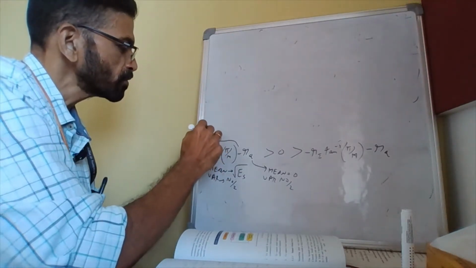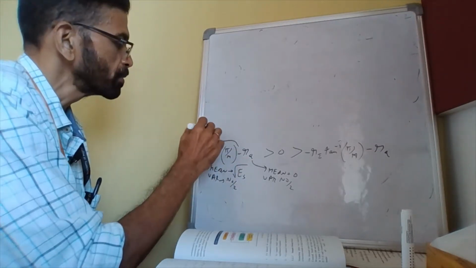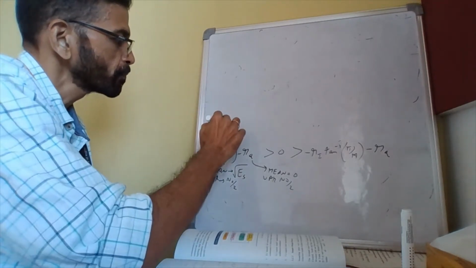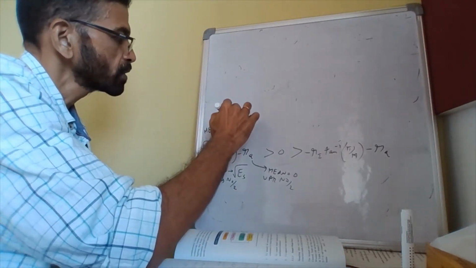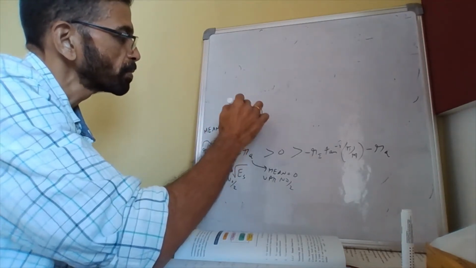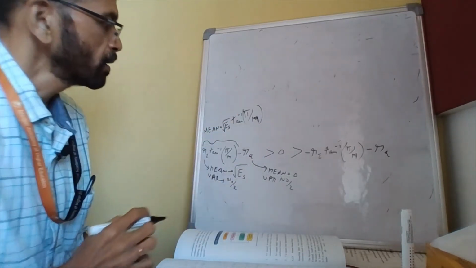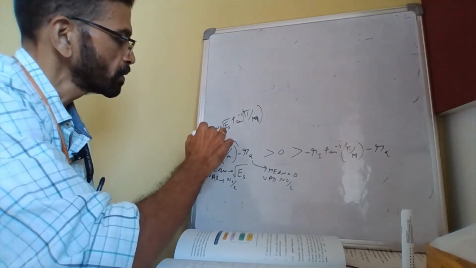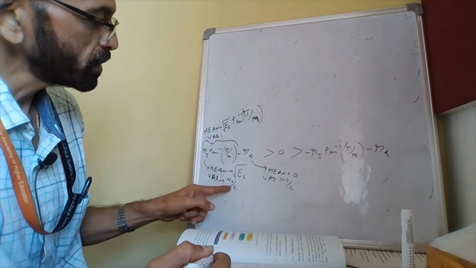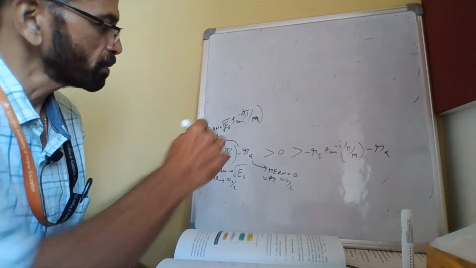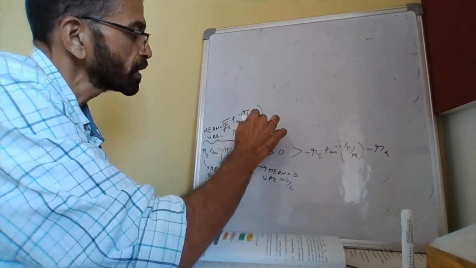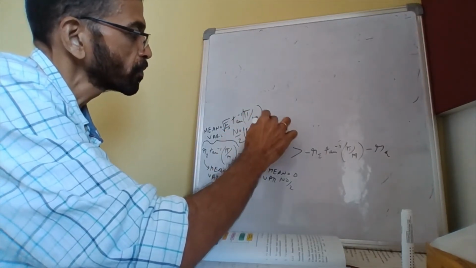So mean of this as a whole will be root Es tan inverse pi by m, and variance will be, the variance of Ri is n0 by 2. If you multiply with tan inverse pi by m, the variance becomes n0 by 2 tan inverse pi by m whole square.